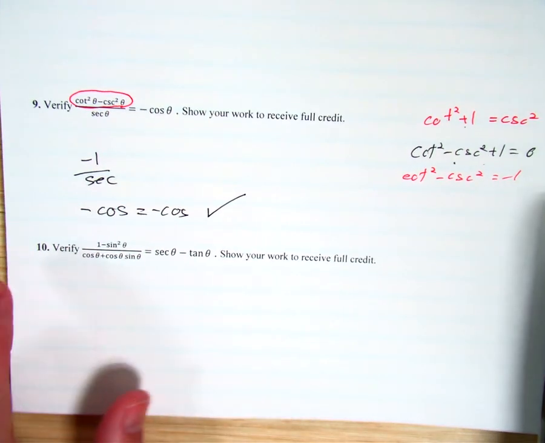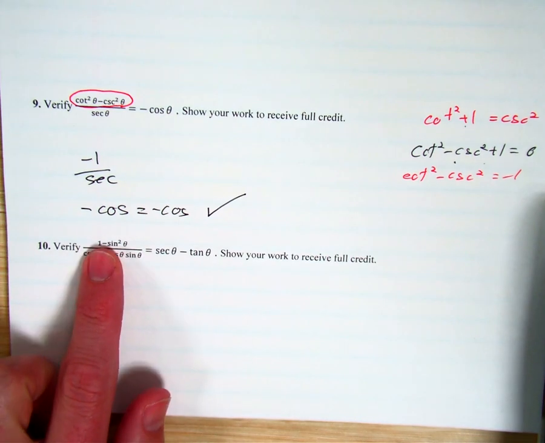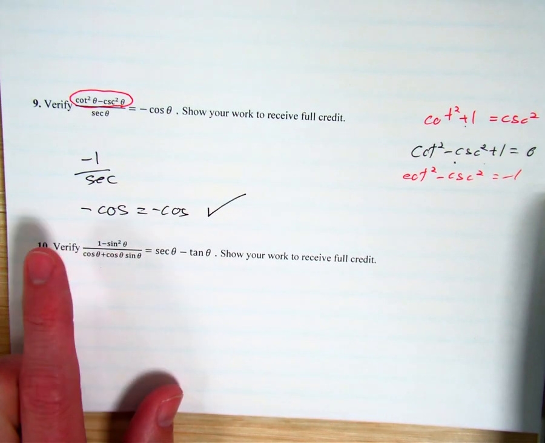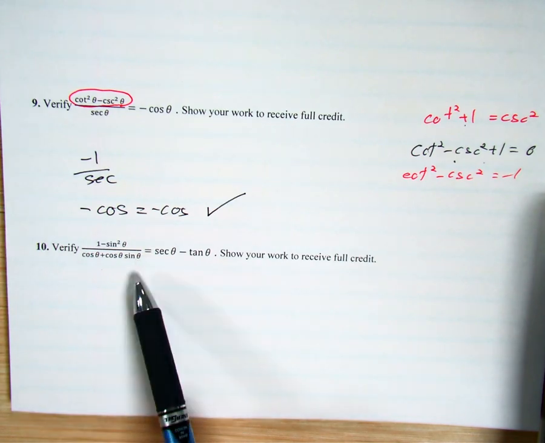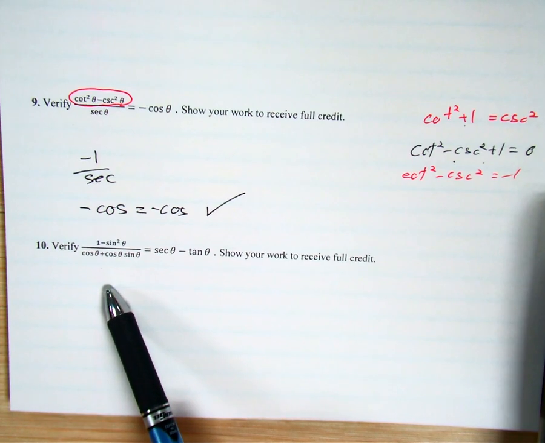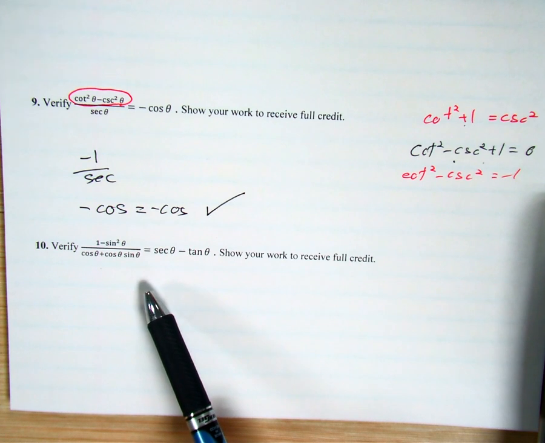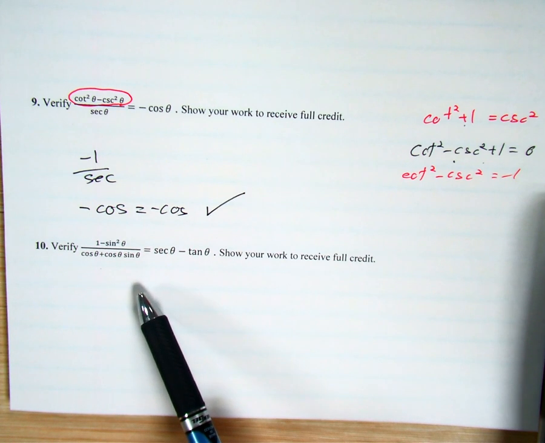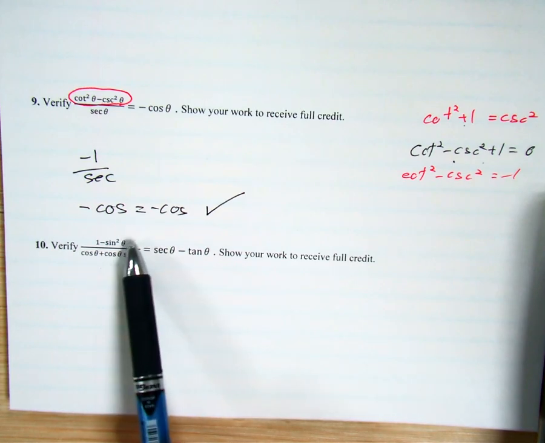Okay, on number 10, it's going to be tempting to go 1 minus sine squared is cosine squared. I think you could do it that way. You could also do, I'm trying to find where my answer key went. We could also do factoring this out on the bottom, and you could do like a difference of squares on the top.